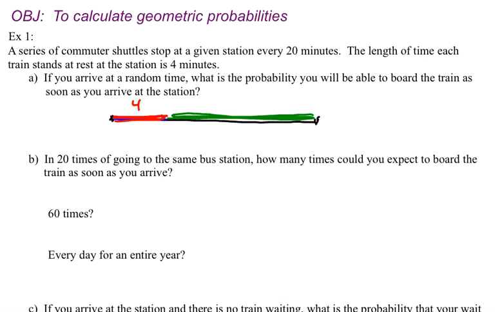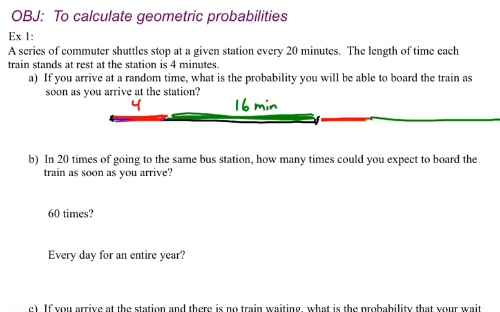What would be the green segment? If the whole thing is 20, well, there's no train there. The train's standing there for 4 minutes. There's no train for 16 minutes. So it stops every 20 minutes. Every 20 minutes, then we repeat. So now we've got a train here for 4 minutes, and then we've got 16 minutes where there's no train.